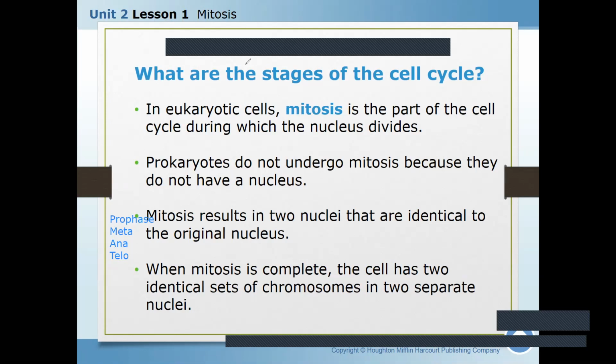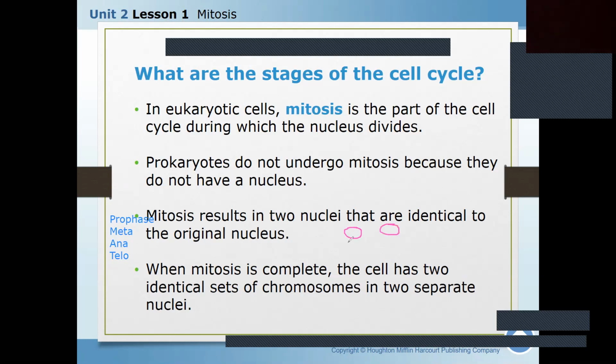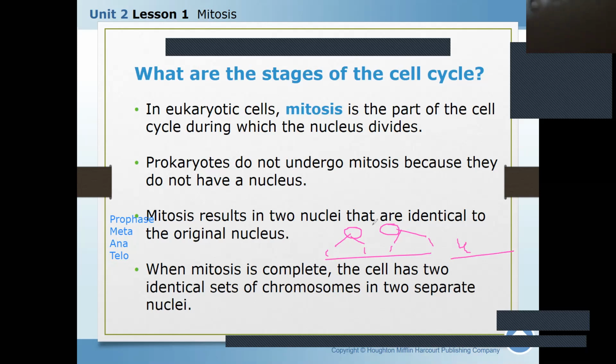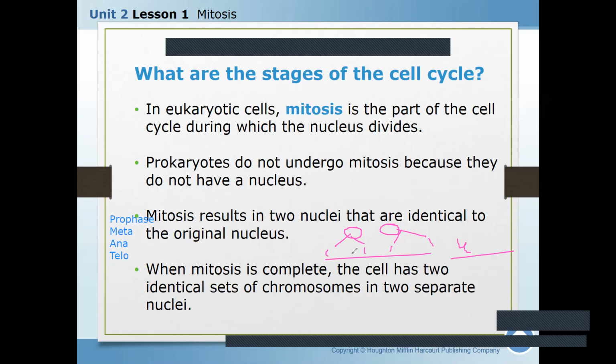There are 2 nuclei, each one has 2 sets of chromosomes, 1 set and 1 set. So the total is 4 sets of chromosomes. Do you understand now? 2 cells, that is 2 nuclei, each with two identical sets of chromosomes.